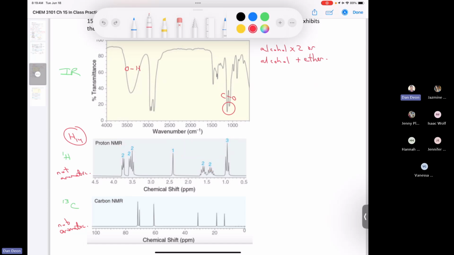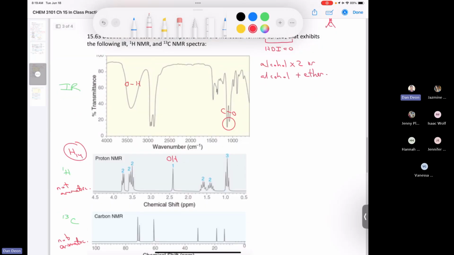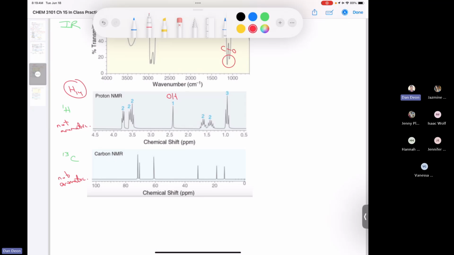You see that we have a singlet for 1 proton, so that has to be the alcohol proton. There are no other singlets that integrate for 1. That tells you there aren't 2 alcohols, because there's very little symmetry in the compound, since we have a total of 6 carbons: 1, 2, 3, 4, 5, 6.